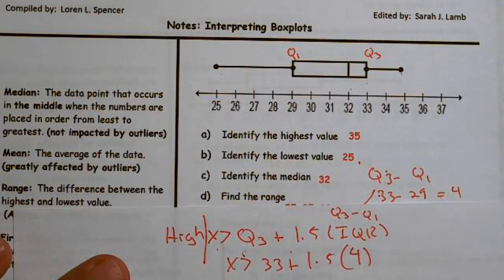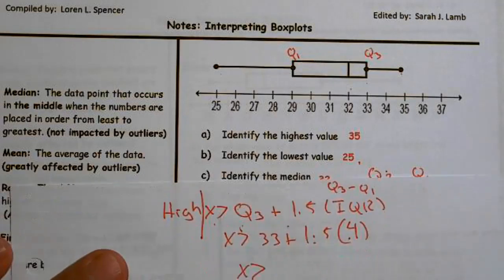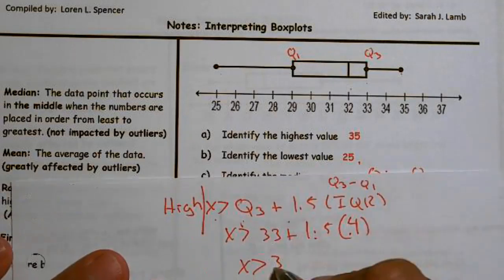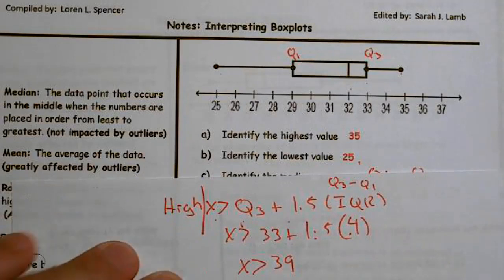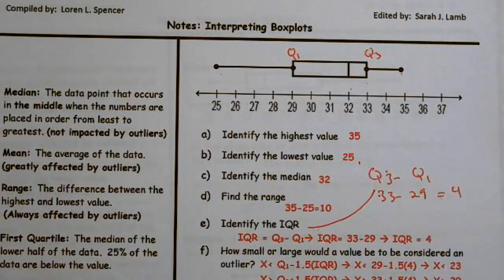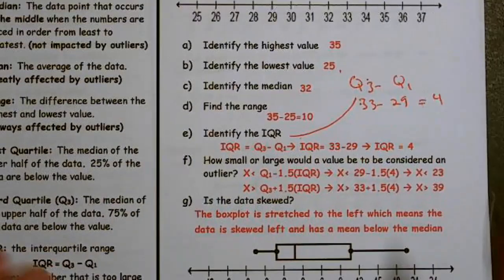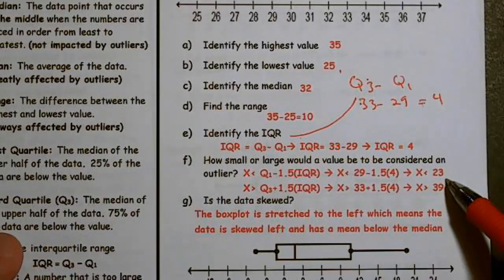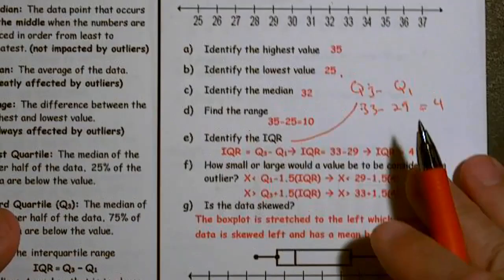So X must be greater than 33 plus 6, which means X must be greater than 39. If it's 39, it's not an outlier. It has to be larger than 39. All right, so that gives us our data values for anything that has to be an outlier. So anything less than 23, anything greater than 39.